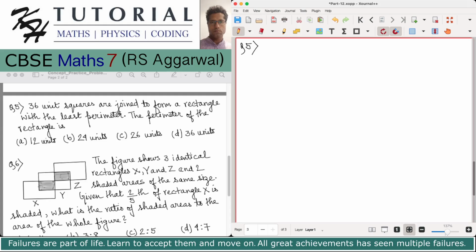So when 36 unit squares are joined, the area of the rectangle should be equal to the area of 36 unit squares, which is 36 square units.